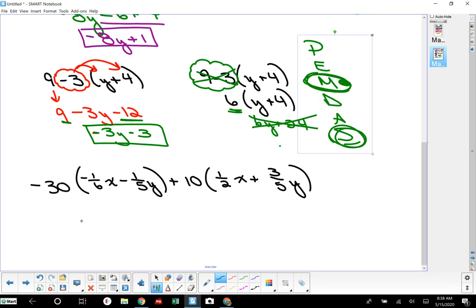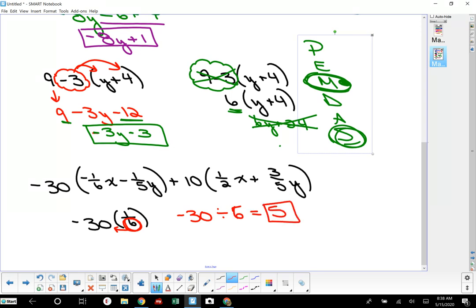So if I have negative 30 times 1/6, don't even worry about the variable, it's unimportant. But if this number, the denominator, divides evenly into this whole number, you're going to do that. So I'm going negative 30 divided by 6 is 5.